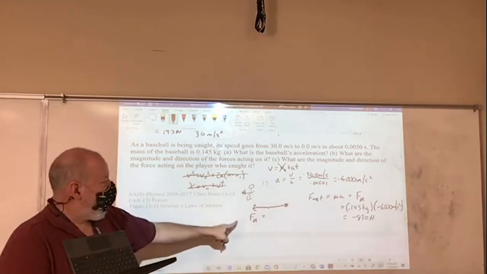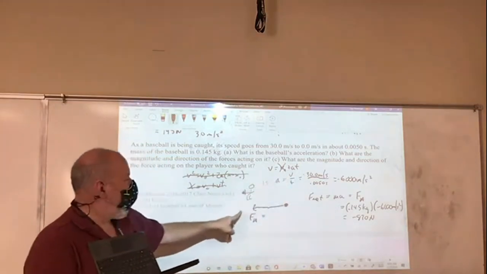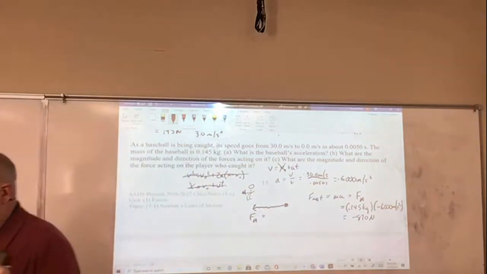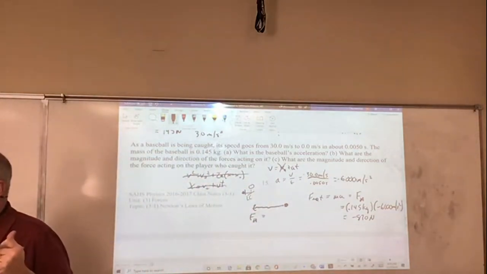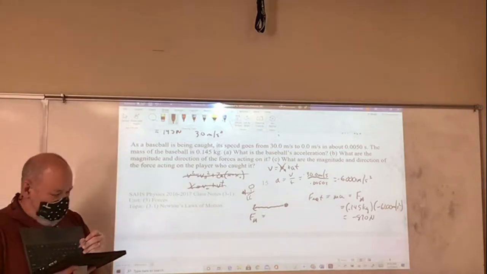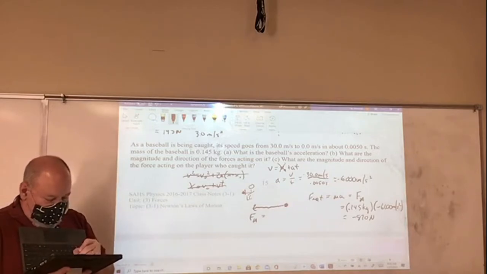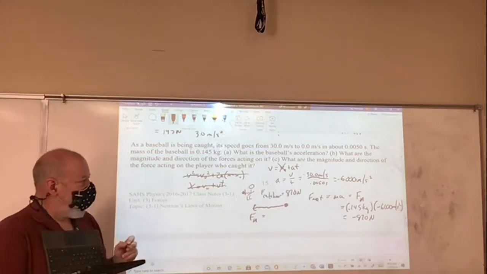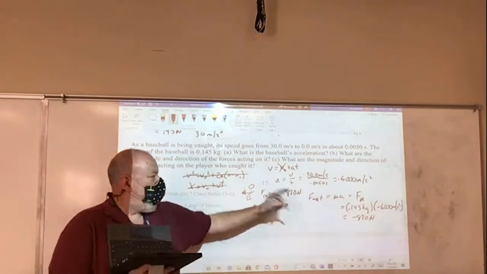If the catcher applied a force of 870 newtons on the baseball, what force did the baseball apply on the catcher? 870 newtons in the opposite direction, right? So force on catcher equals 870 newtons in the positive direction.